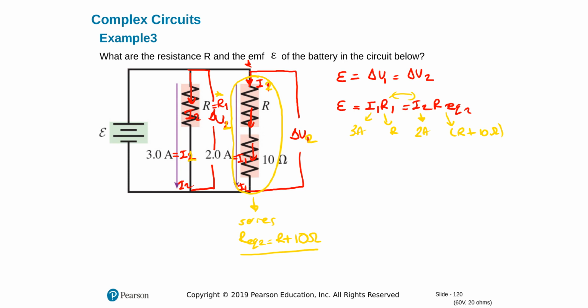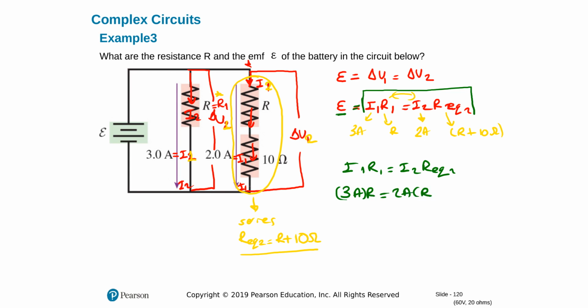Now I have an equation here. I can work this part to solve for R, and then I can solve for epsilon. I1 R1 is equal to I2 R equivalent. Alright, now I'm putting in the values. 3 amperes times R is equal to 2 amperes times R plus 10 ohms.